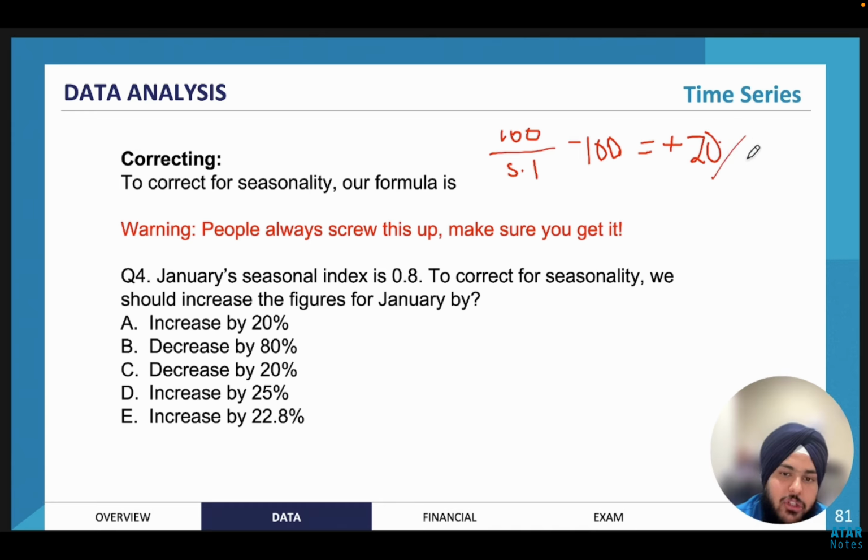So it's not the same as interpreting the seasonal index. It's going to be a little bit different. For example, if we had a seasonal index of 0.8, it's not simply decreasing by 20%.